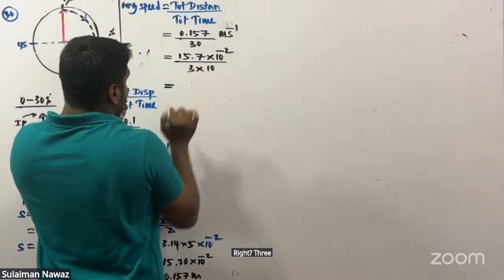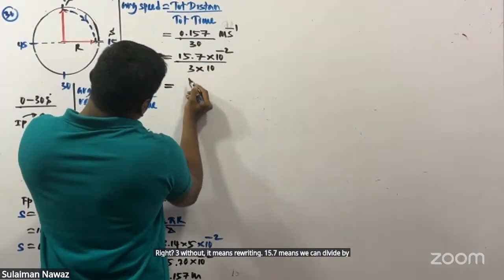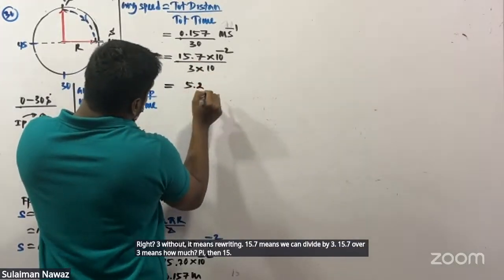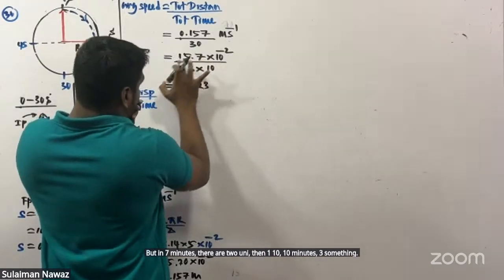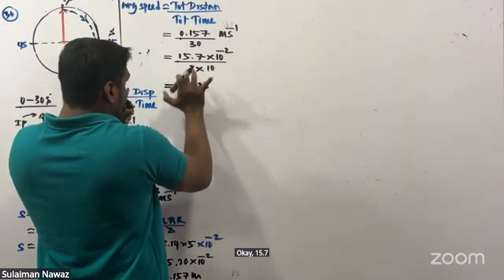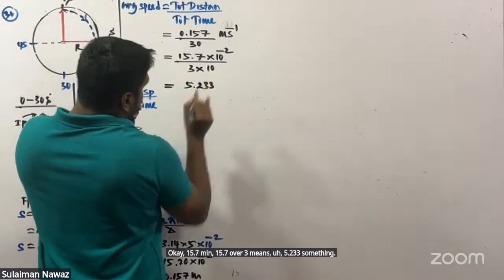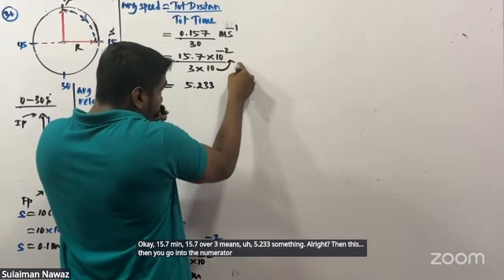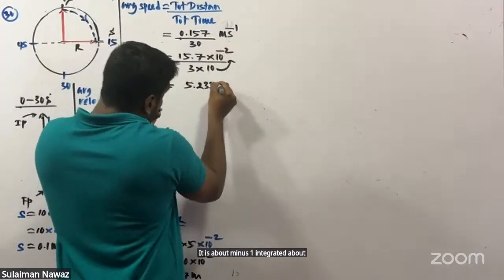0.157 means I can write 15.7 into 10 to the power minus 2, over 30. 30 means 3 times 10, so 15.7 we can divide by 3. 15.7 over 3 means how much? It is 5.233 something. Then this 10 goes to the numerator and becomes 10 to the power minus 1. 10 to the power minus 1 into 10 to the power minus 2 means 10 to the power minus 3.